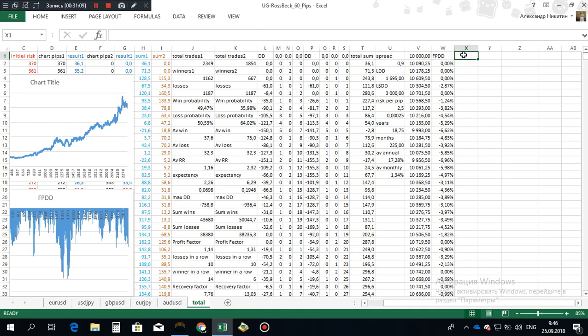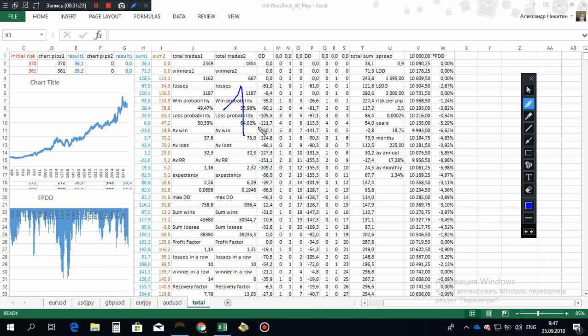Okay, so with fixed percentage money management, first we should calculate the risk to reward for each and every trade. And let me explain my thought. If you have a risk to reward of 1.2 in this trade, so if you risk 1, you generate 1.2.